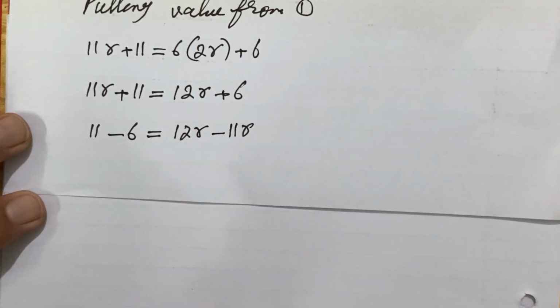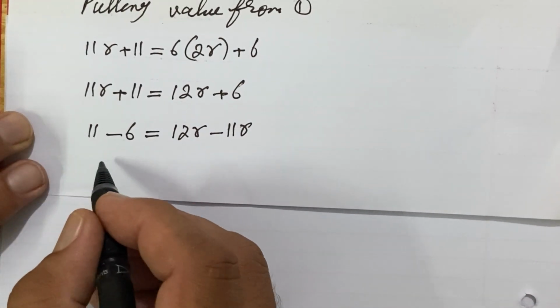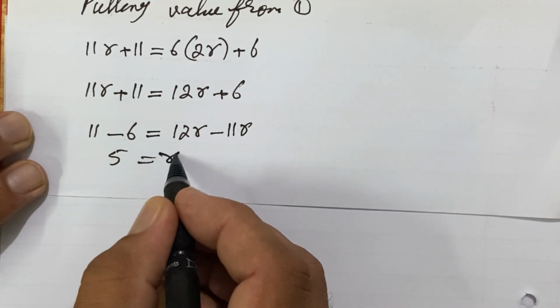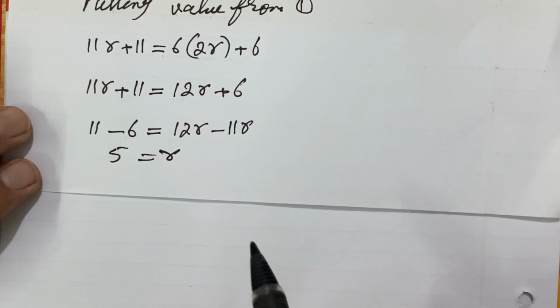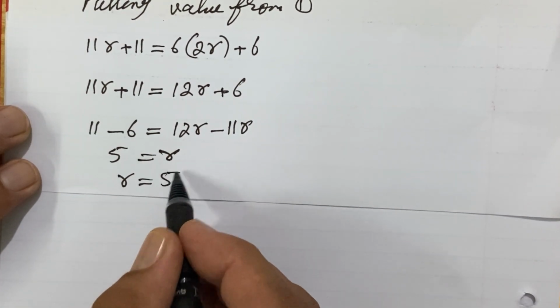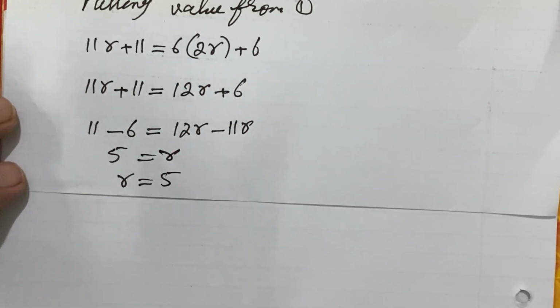Now 11 minus 6 is equal to 5, 12r minus 11r is equal to r. Therefore r is equal to 5.